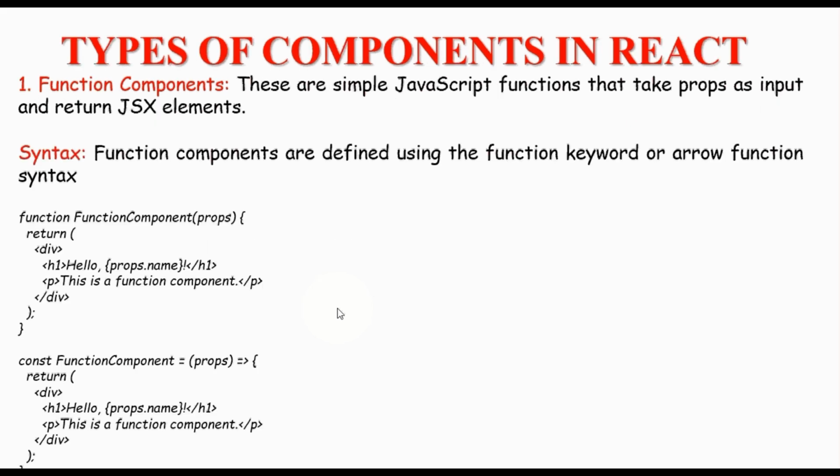Functional components are simply JavaScript functions that take props as input and return a JSX element. The functional component can be defined using the function keyword or arrow function syntax, just like you see here. So this is function, the name of the component, and then an optional prop, which is the parameter. And then the component returns a JSX.